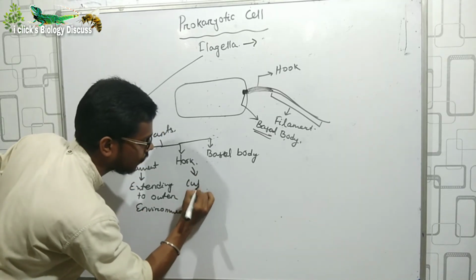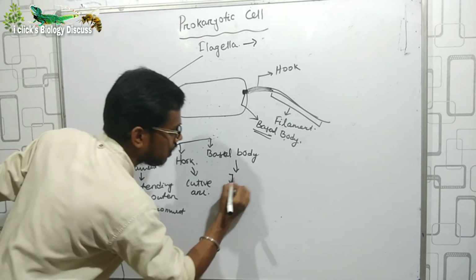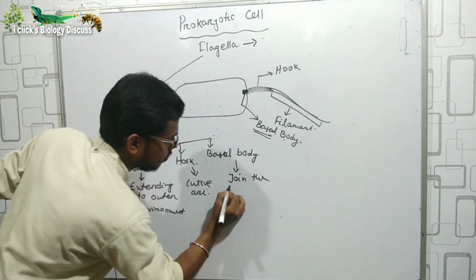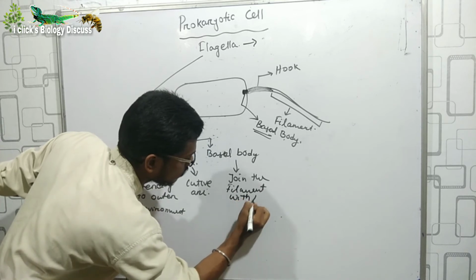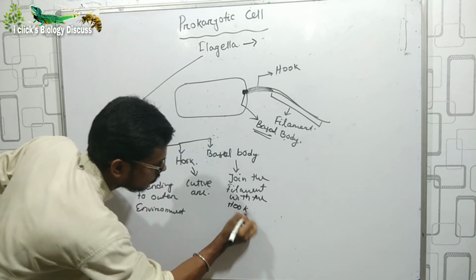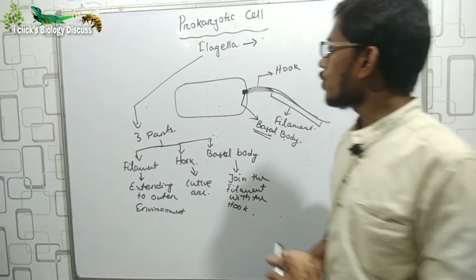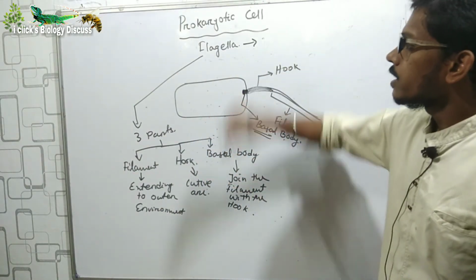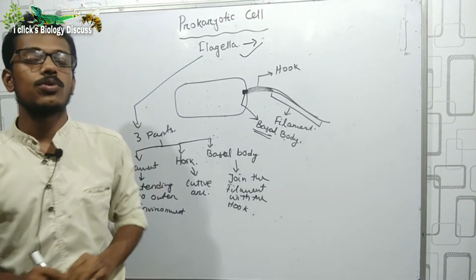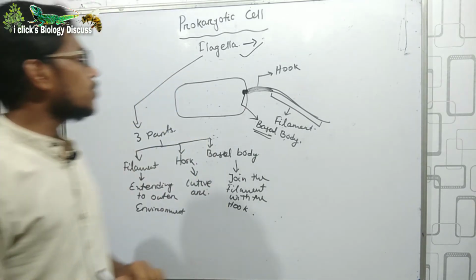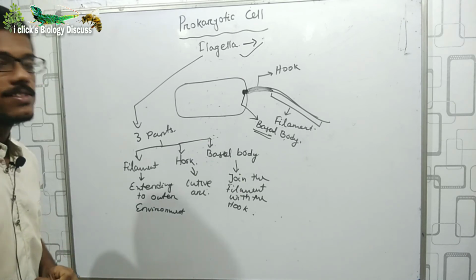The hook is the core area, and the basal body joins the filament with the hook. These are the different parts of the prokaryotic flagella, which is made up of the protein flagellin, right? So this is all about the flagella found in the prokaryotic cell.